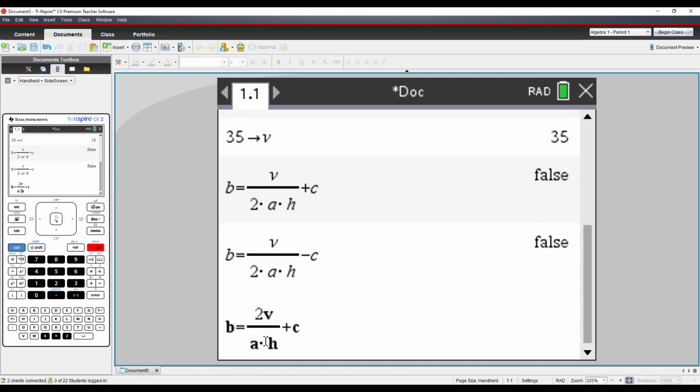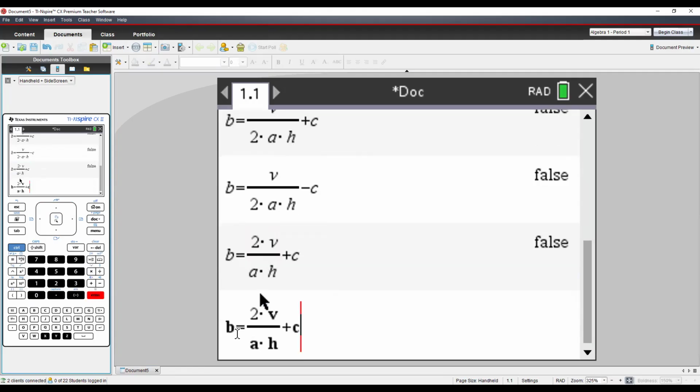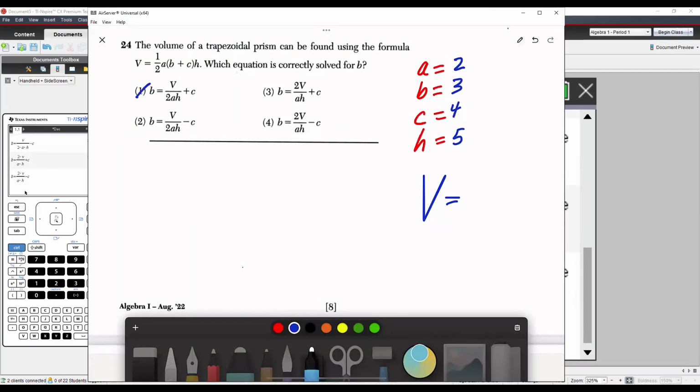So it should be 2V over AH plus C. Then I press enter. I get another false. So it's telling me that the last one should be right. So let's do this. I'm going to take this, change this to a minus, and then I press enter, and it says true. So that's my answer. The last choice. These were all eliminated, and so here's my answer.